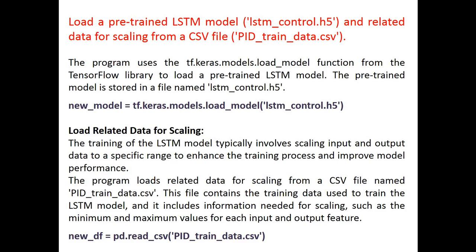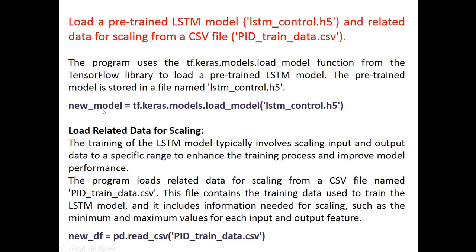First thing is to load a pre-trained LSTM model which we created in the last video, that is an H5 file which contains the PI controller model, sorry, H5 is the model and CSV is the dataset of that.